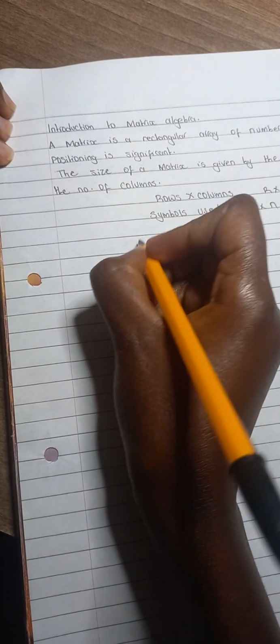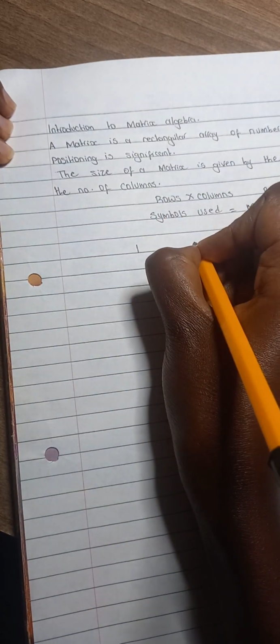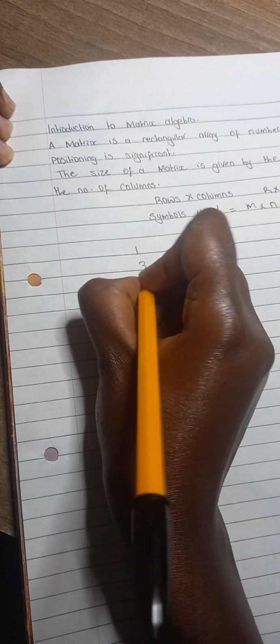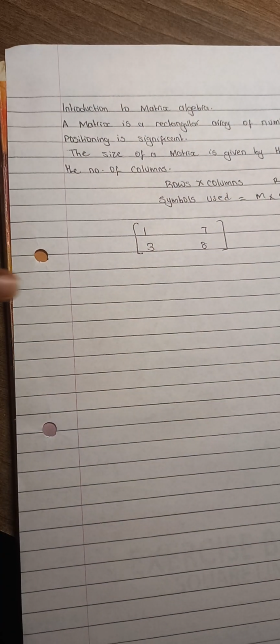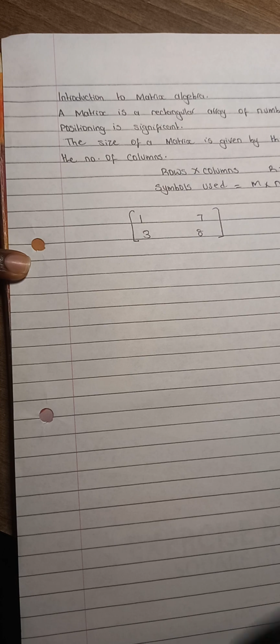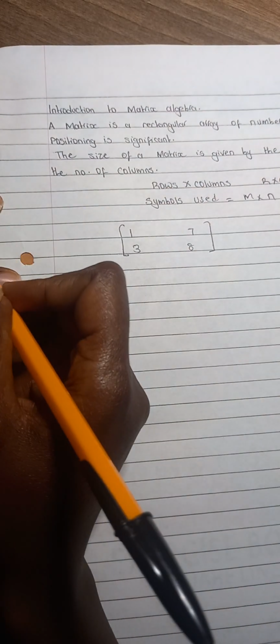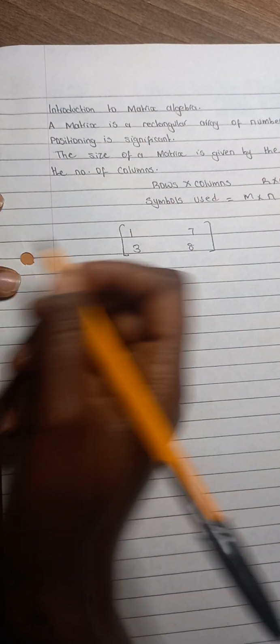So for example, let us look at a matrix whereby we have the following numbers, the following elements. Yes, you show matrices in brackets. So this means that the rows, where are the rows?